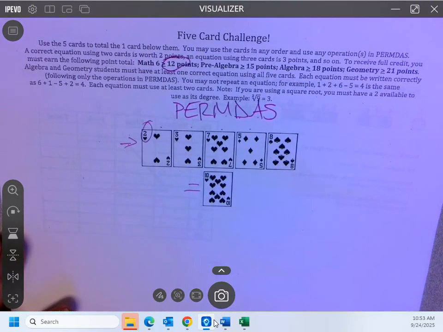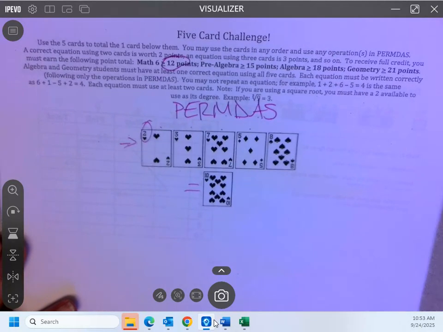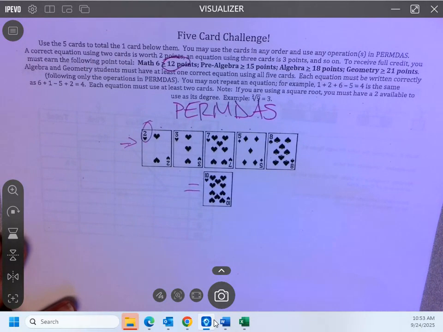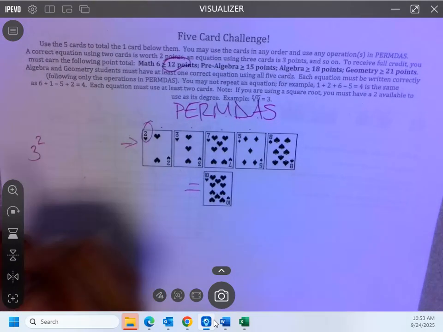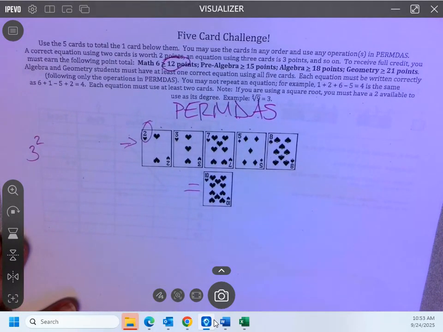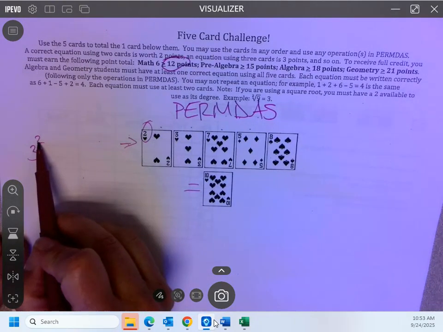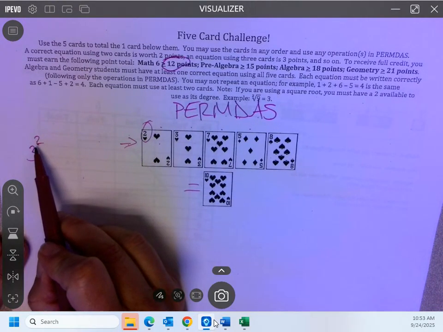When we have a 2, you can square things and it counts as a card. So that 2 would be squaring it. So we could say something like 3 squared, we know is 9, right? We just did that squaring. But you have to have that 2 in there in order to say that.